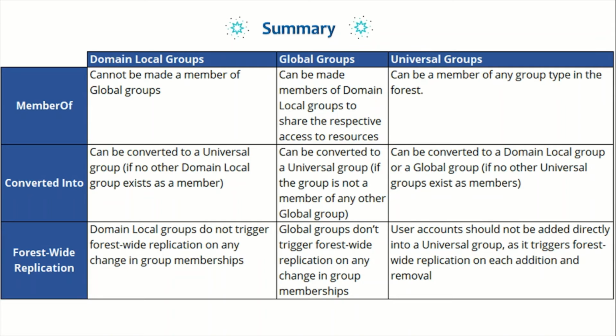So we have already seen converted to, and let's look at forest wide replication. As we know that universal groups are published in the global catalog, so universal groups are replicated on every domain controller that is a global catalog in the entire forest.